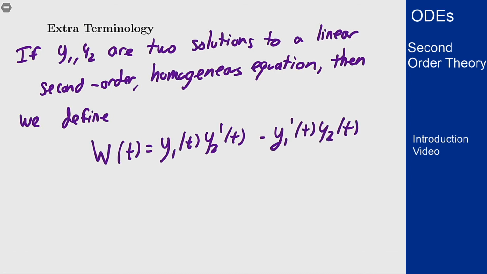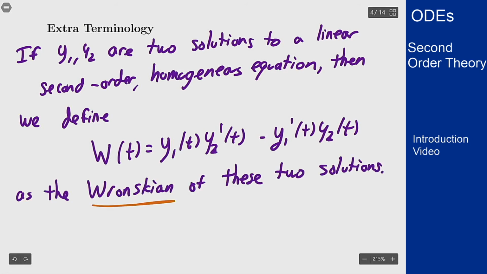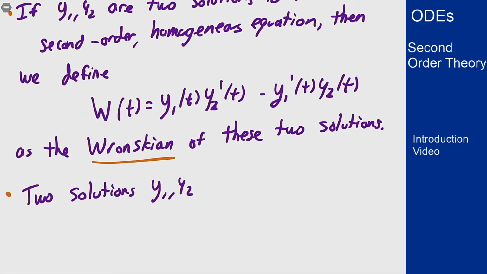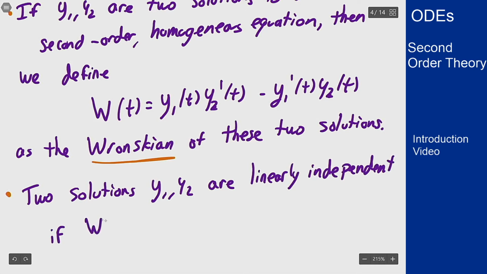This is called the Wronskian of these two solutions. What you should recognize is that if I plug in t0 here, I get the exact same formula from before for what I want to be not 0 to make sure I can solve any initial condition. Furthermore, we say that two solutions, y1 and y2, are linearly independent if their Wronskian is non-zero.